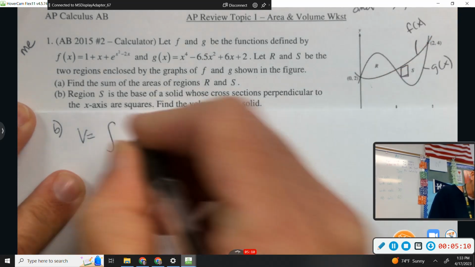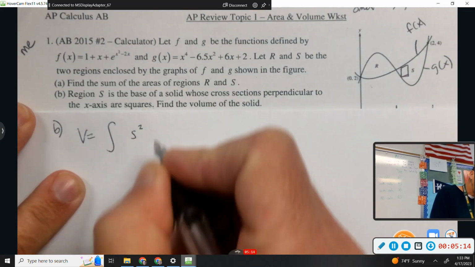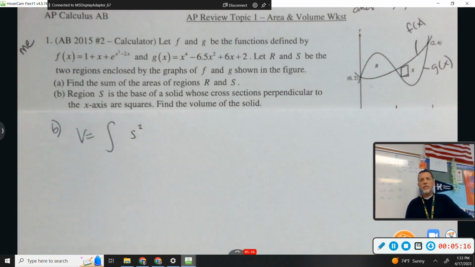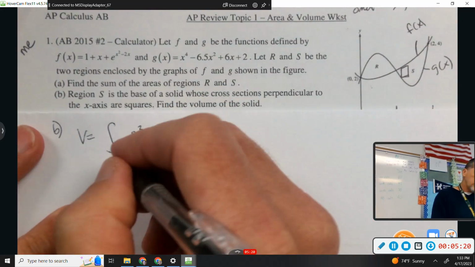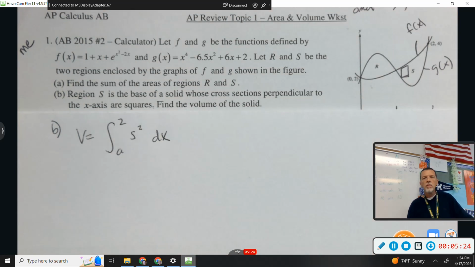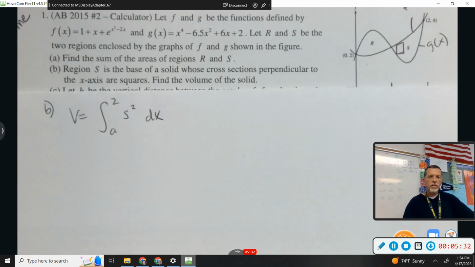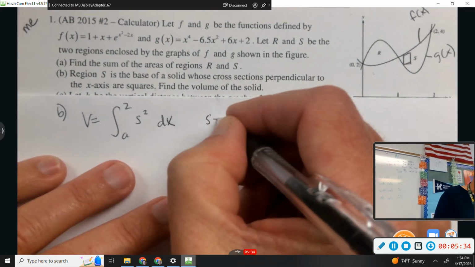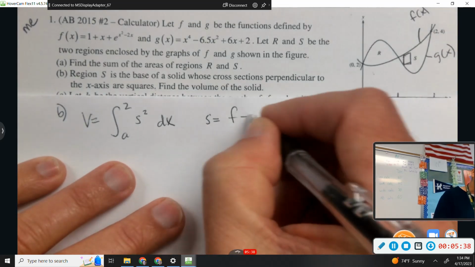Careful with s, because we don't mean uppercase S. Lowercase s. The integral of s squared, because that's the area of a square, from A to 2, dx. No, dx, because we're slicing in dx. But what is s, the length of that side? F minus G, top minus bottom.